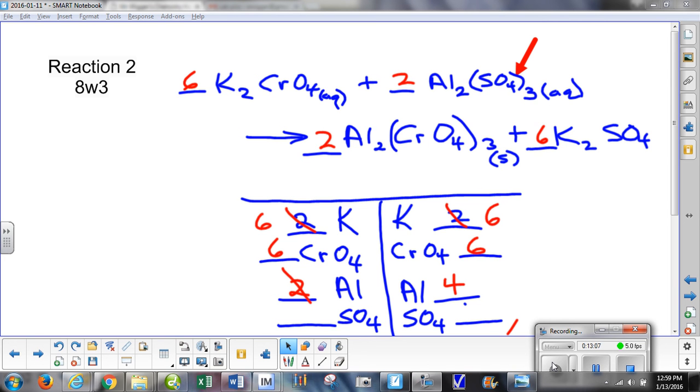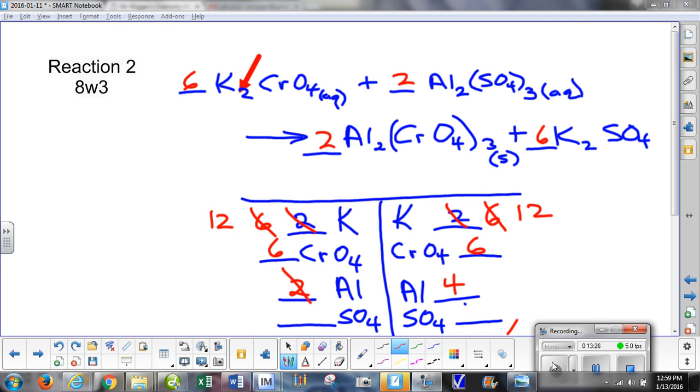Let's go back and count this out now, one at a time. 6 times 2 for potassium gives me 12 potassium on the left. And 6 times 2 potassium on the other side also gives us 12. I've got 12 potassium here, 6 times 2, and 12 potassium here, 6 times 2 is 12.